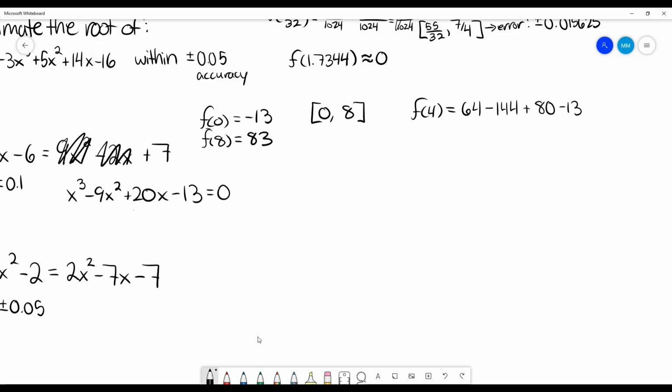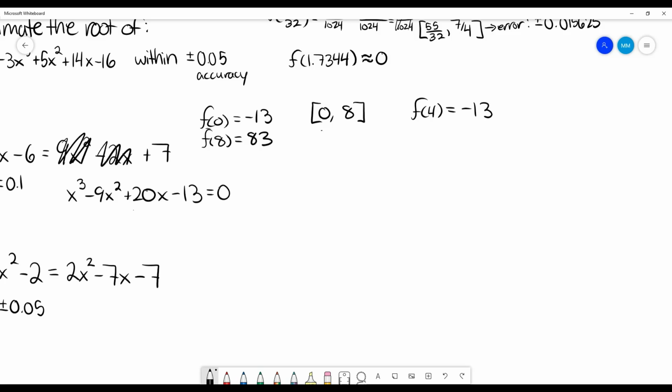We can condense this a little bit, so it's negative 80 plus 80 minus 13. Those cancel out, so it just ends up negative 13. I think that's right. Oh, that's funny how that managed to be the exact same as our f of 0.